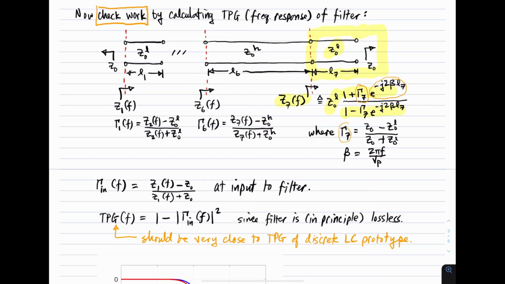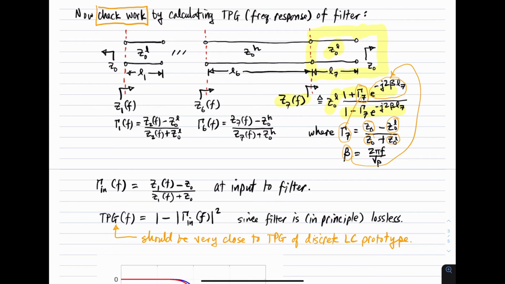Gamma sub 7, this thing I've defined here, is given in the normal way, the way that you normally use to compute a reflection coefficient. The characteristic impedance you're going to minus the characteristic impedance that you're coming from, and then the same thing with a plus sign in the denominator. And here beta, the thing that appears here, is the actual phase propagation constant, which is a function of frequency.